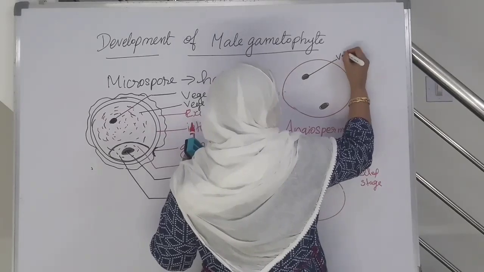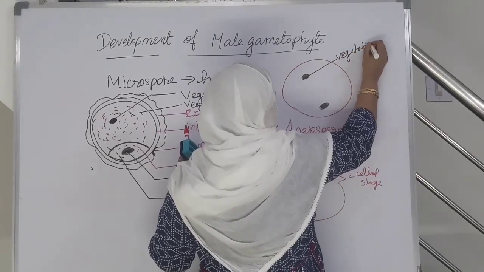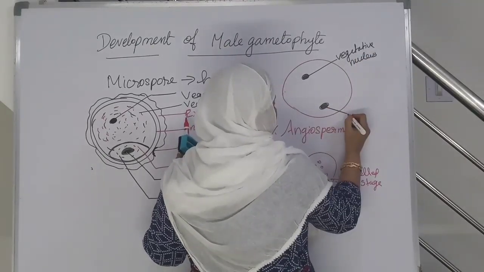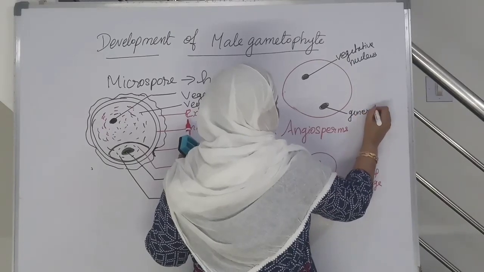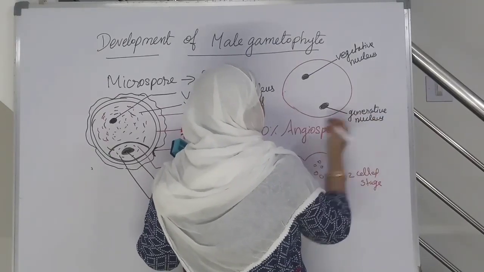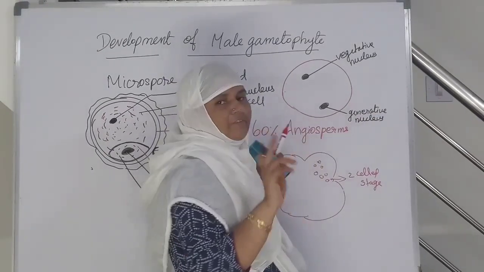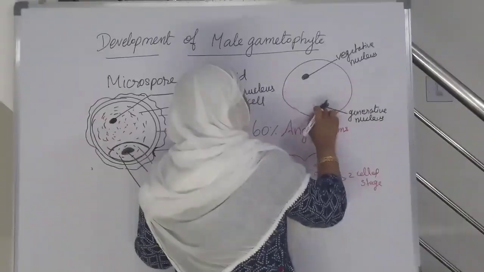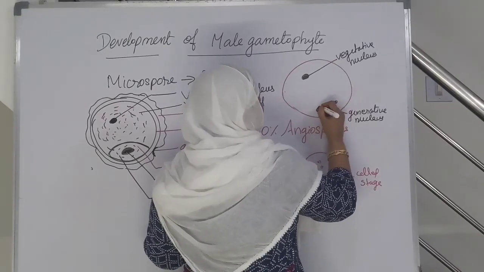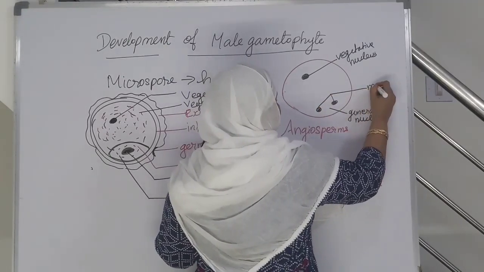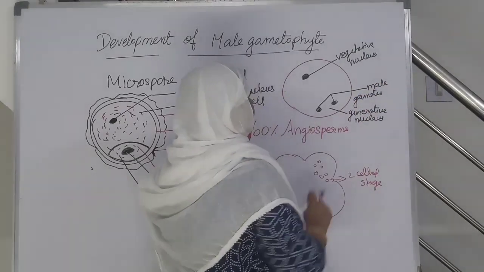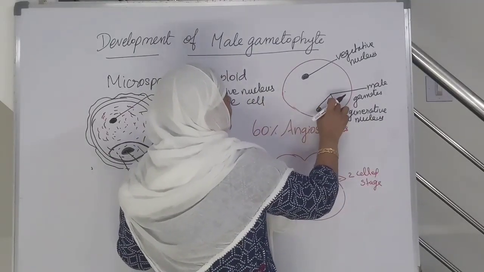This generative nucleus undergoes mitotic division and forms two male gametes. So there is one vegetative nucleus and two male gametes.